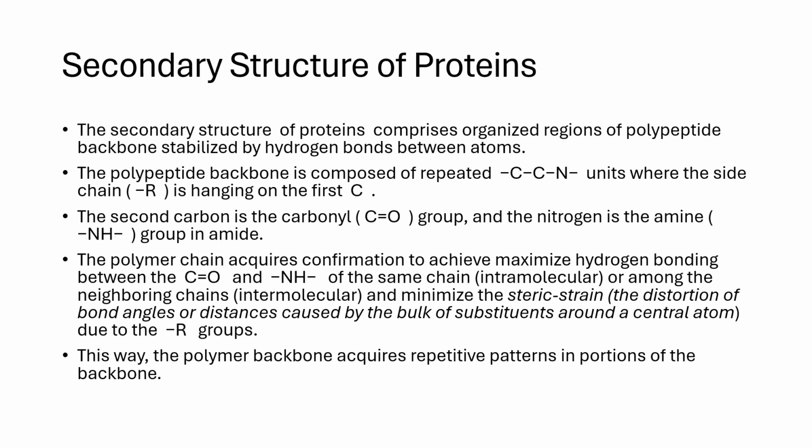Polypeptide backbone is composed of repeated CCN units where the side chain R is hanging on the first C. The second carbon is a carbonyl group and the nitrogen is the amine NH group in the amide.